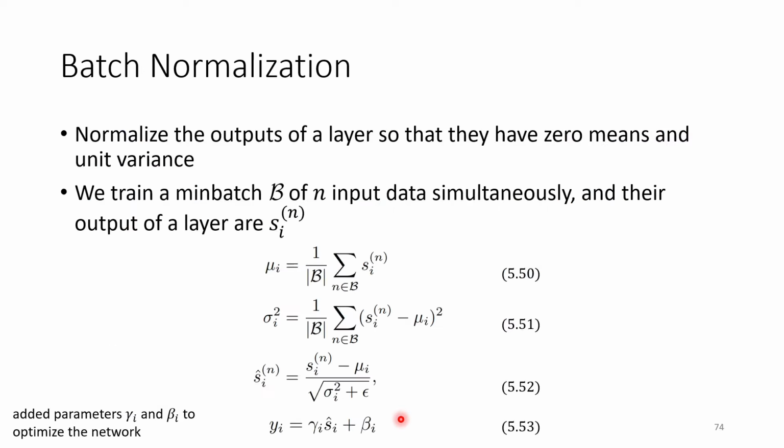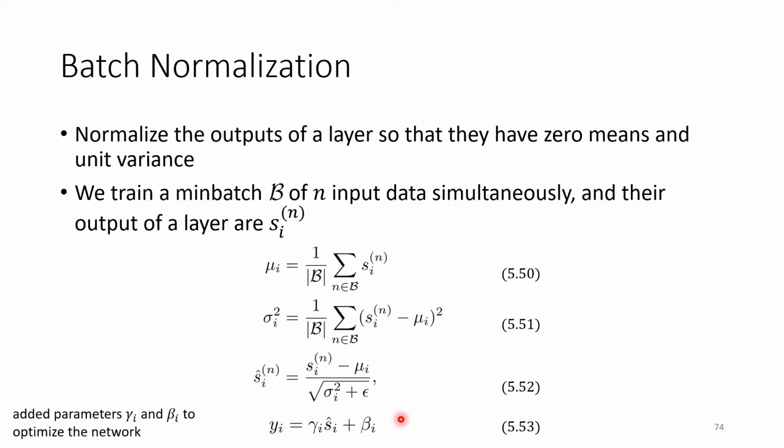Batch normalization means, when we train the network, we do not use a single image to train the network. We use multiple images to train the network at the same time, simultaneously. That's the reason why GPU is very important for us.